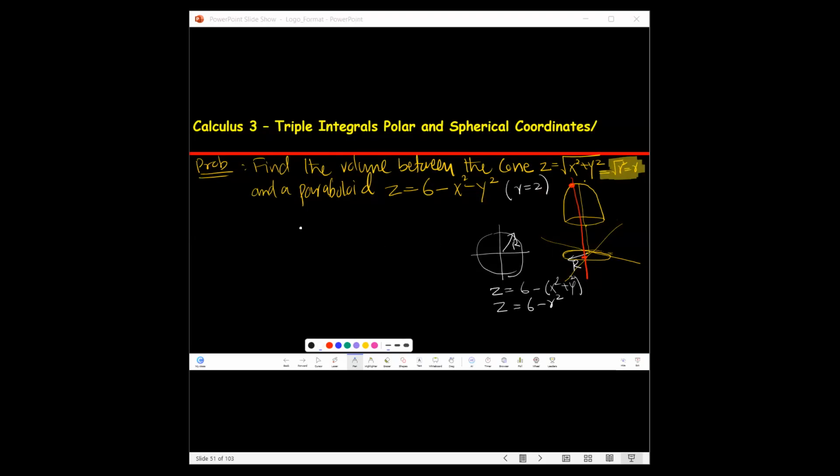So what I'm going to do is write a volume integral 1, 2, 3, and I don't have any function given, so maybe 1 is my density function. We just talked about that in our earlier slide. I'm just going to write dz r dr d theta.